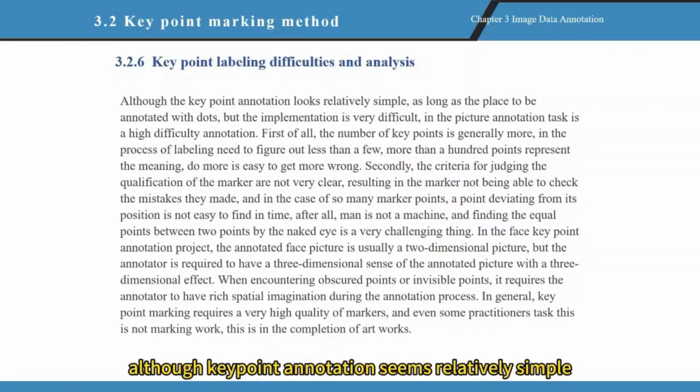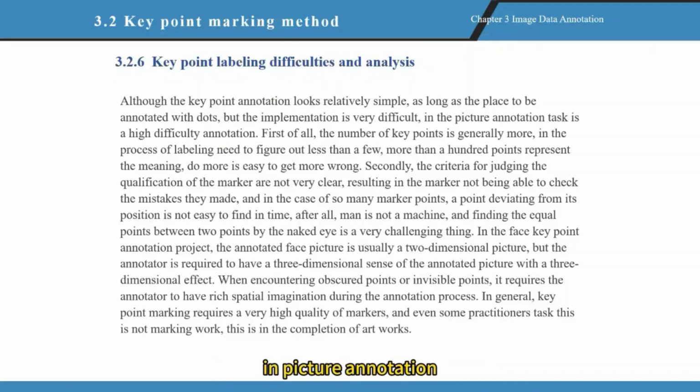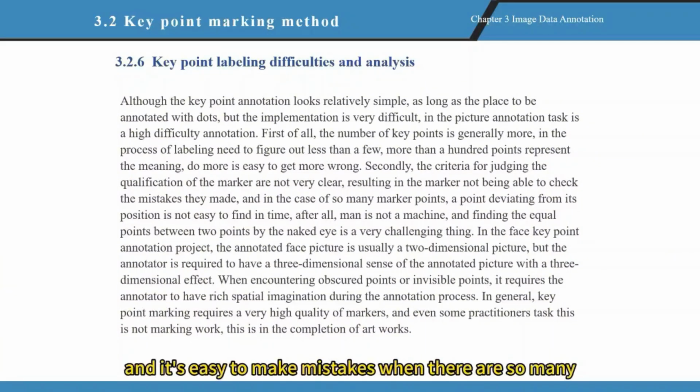Although key point annotation seems relatively simple as it only involves marking points, its implementation is actually quite difficult. It's a high-difficulty annotation task in picture annotation. Firstly, there are usually many key points. During labeling, one needs to understand the meaning of dozens or even over 100 points, and it's easy to make mistakes when there are so many.